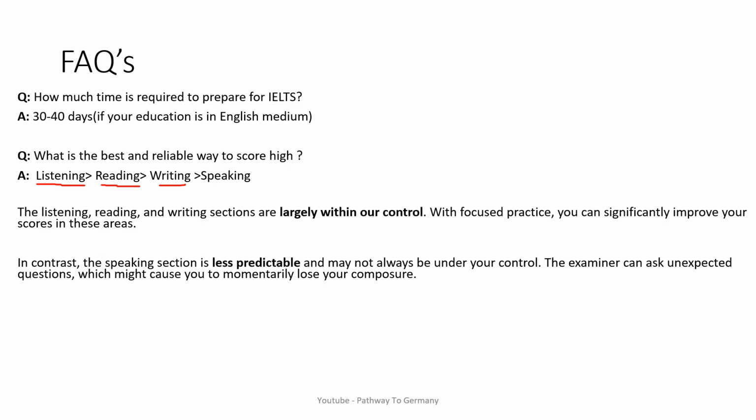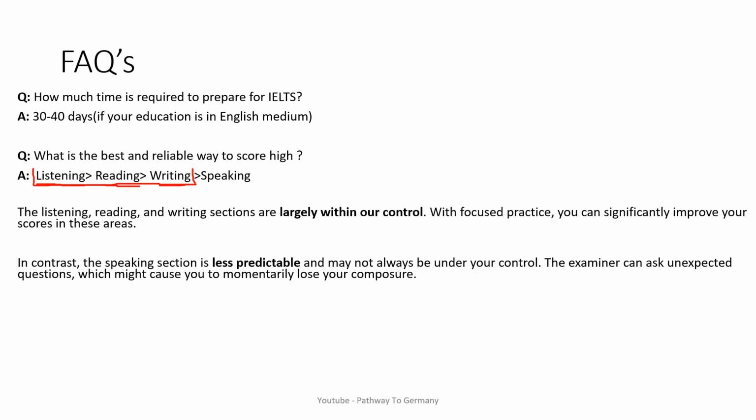Because the first part, the first section, is majorly in your control. It's more or less predictable. You know what kind of questions are going to come in the examination. You know how many questions there will be. You know what time you have. You know what your weak sections are. You know what your strengths are. So most of it is completely in your control.